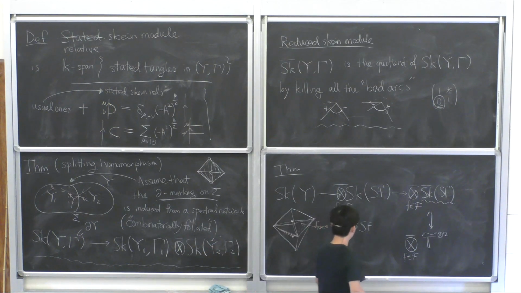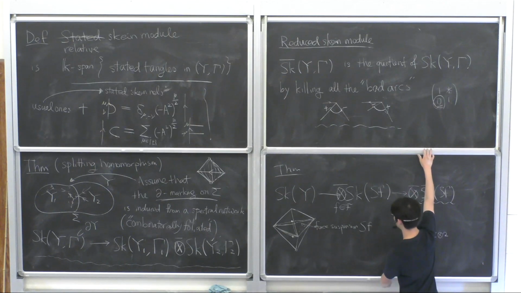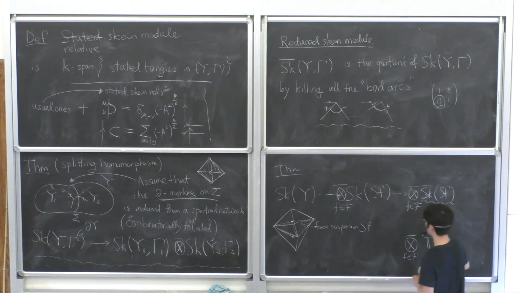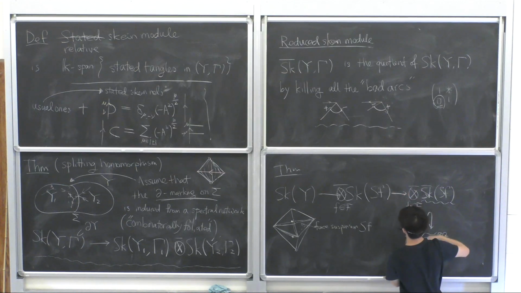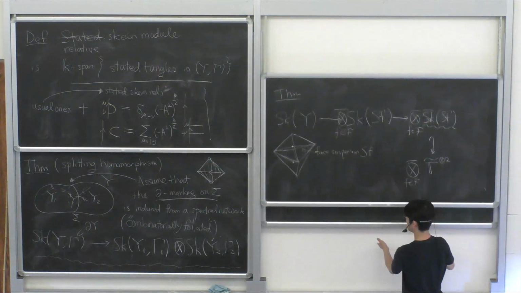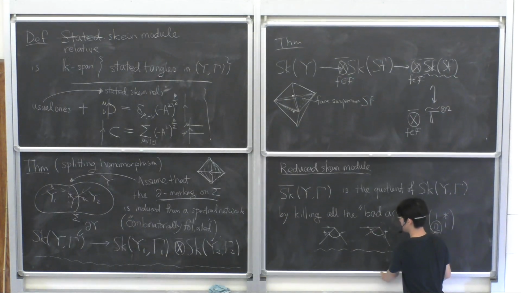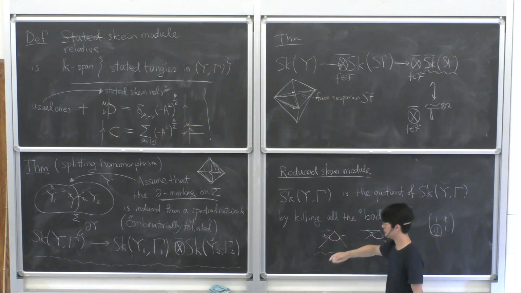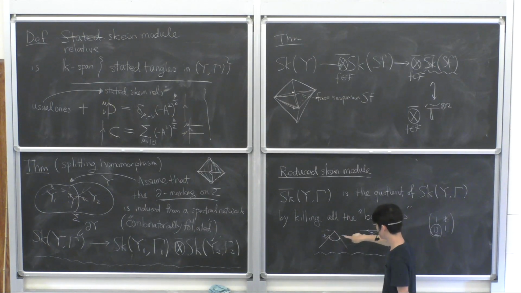As I was briefly pointing out earlier, the part where abelianization happens is when we pass to the reduced Skein module, when we kill all these bad arcs. If we use the 3D spectral network, then one can see that these signs plus and minus correspond to a certain choice of lifts, either sheet number 2 or sheet number 1, and there's no possible lift if we start from either this arc or this arc.